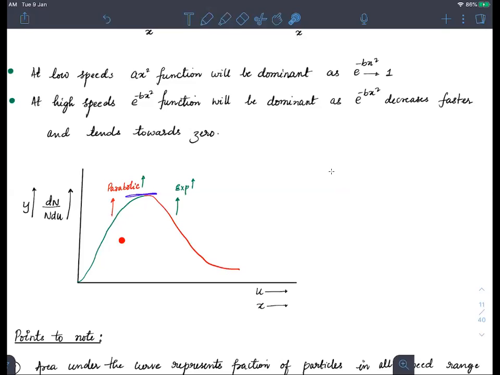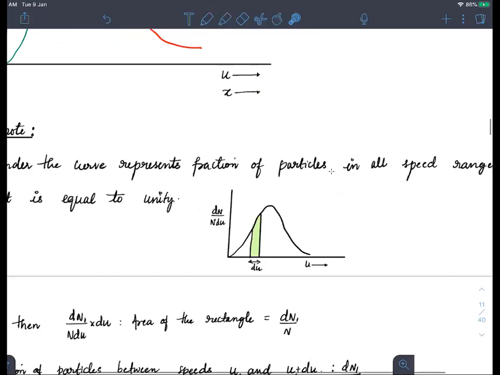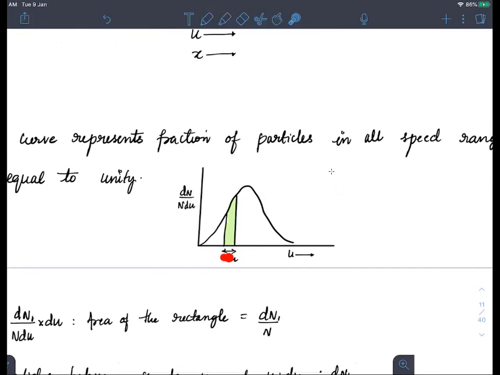Then what about anything under this area? Check out. Area under this curve would be what? Suppose this is a du amount, a small change, multiplied by y, what should I get? I should get the area under this curve.